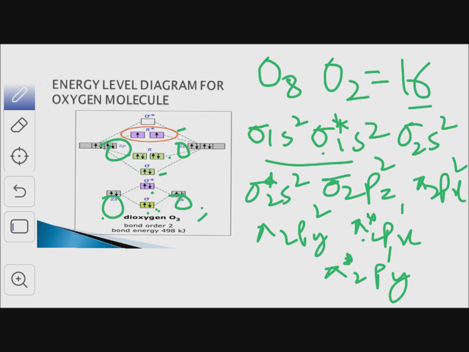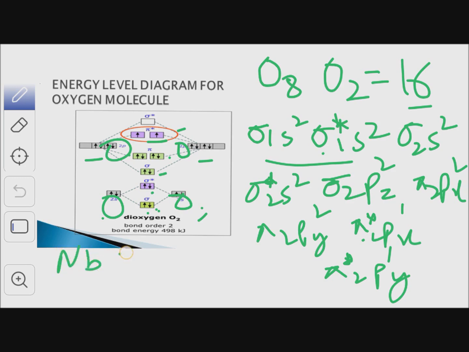They have 4 electrons each, and these are the two anti-bonding molecular orbital electrons, pi star 2px1 and pi star 2py1. According to this, there are 8 bonding electrons, that is Nb.